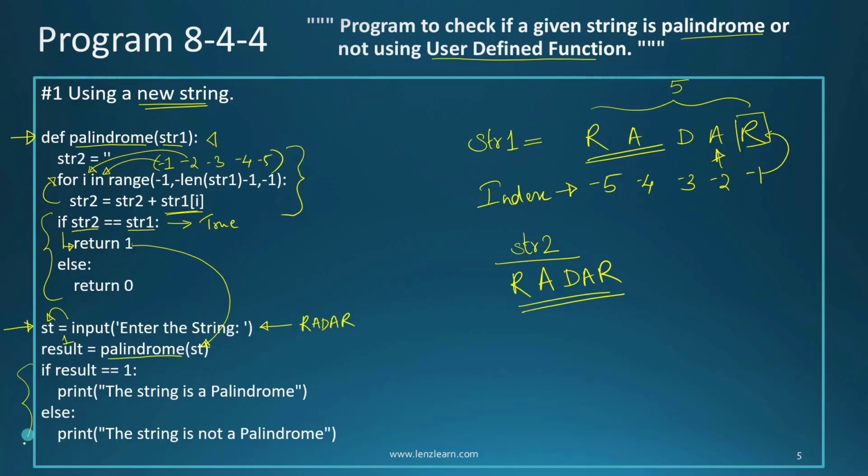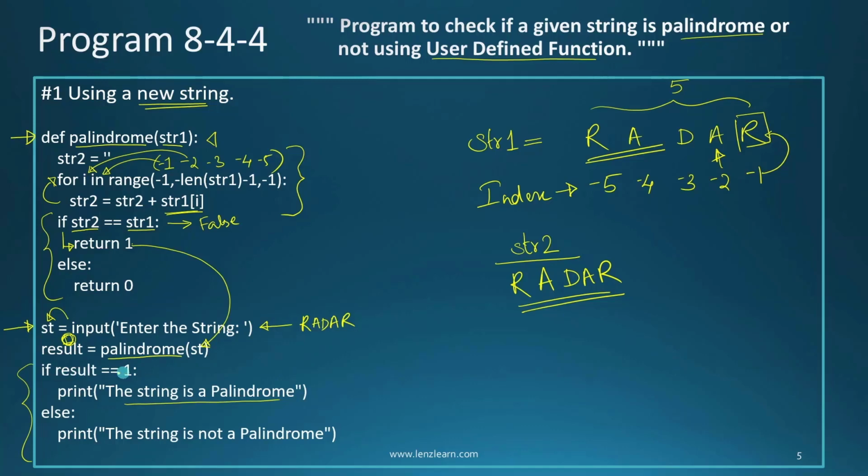After that, I just have an if-else statement. I will check if the result is 1. I will print the string is palindrome. In the other case, if the content of str2 and str1 was different, the if condition check will evaluate false. Now the control will go to else, and I will return 0. In that case, 0 will be stored into result.